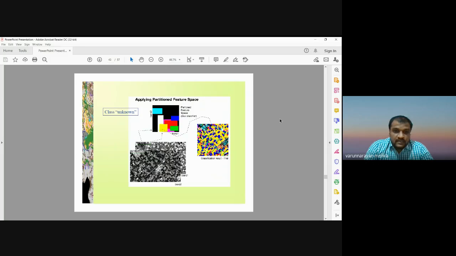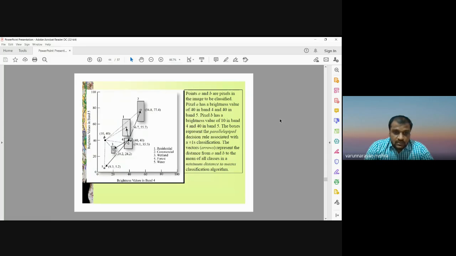By applying this partitioning of feature space, we may have the classified data sets as seen in the figure. This is the way in which we can calculate the spectral distance.